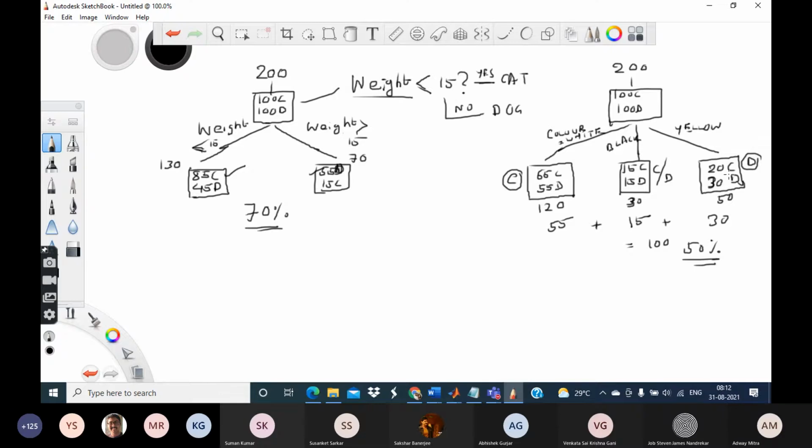Yes, any idea? Why is it that this particular splitting, this 85-45 and 55-15, helps me do better than this kind of splitting? What do you think is a big difference between this split and this split?